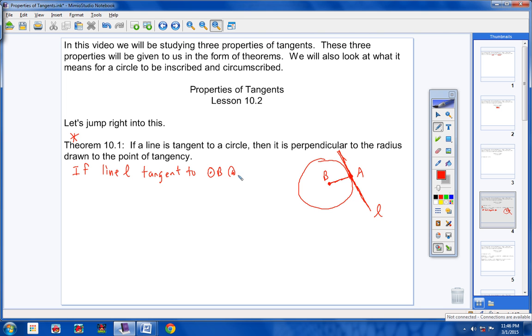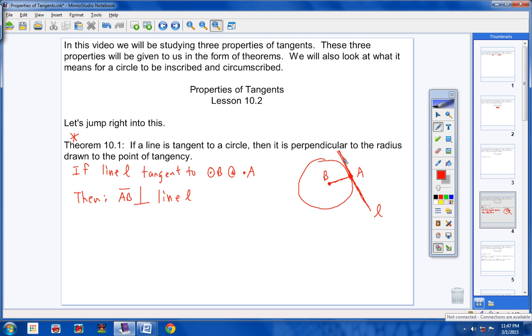If line L is tangent to circle B at point A, then AB is perpendicular to line L. Okay, let that sink in. Copy this down. Then I'm going to talk about it a little more. If line L is tangent to circle B at point A, then AB is perpendicular to line L.